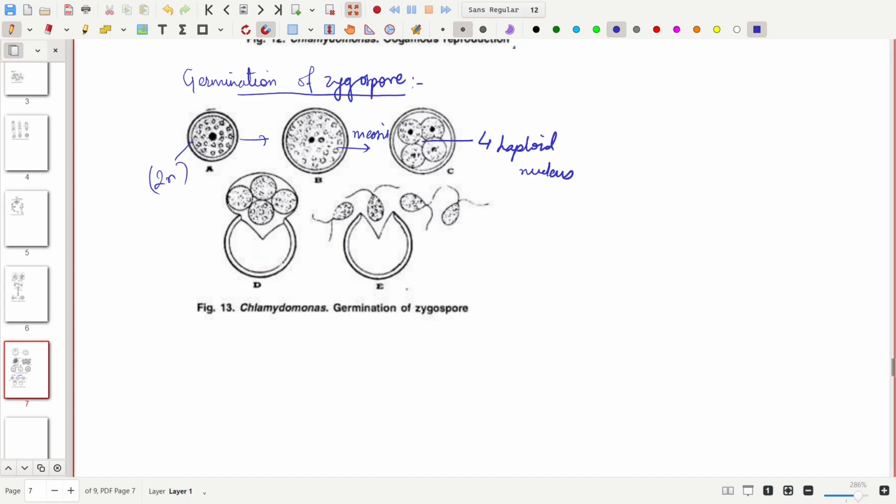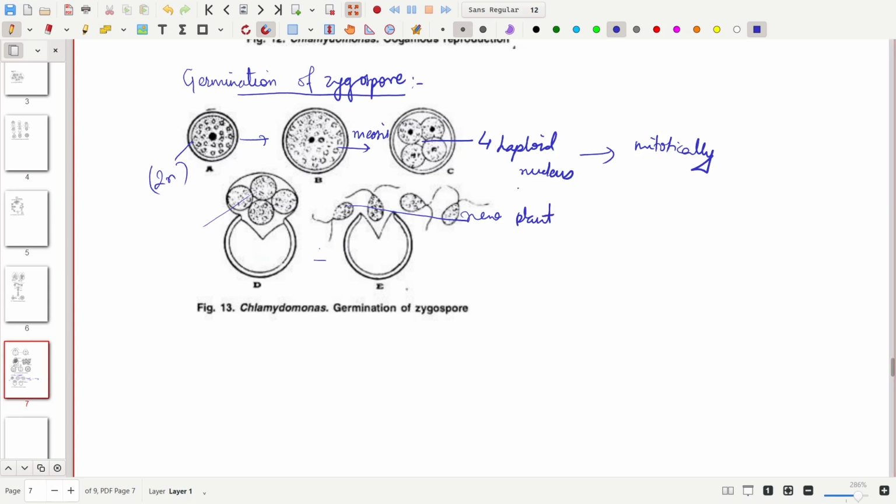The haploid nuclei again divide mitotically to form a number of uninucleate zoospores. After maturity, the zoospores are released and develop into new plants of Chlamydomonas.